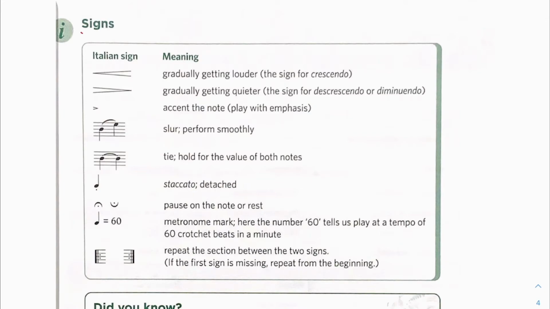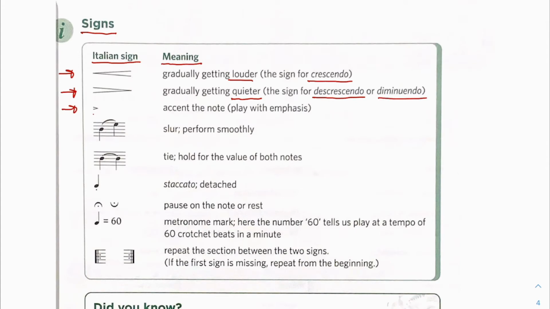Next, signs. This time, on the left-hand column, we see some signs, and on the right side is the meaning. We have a big arrow. It means gradually getting louder, and it's the sign for crescendo. Next, this is the same arrow the other way round. It means gradually getting quieter, and it's the sign for decrescendo or diminuendo.